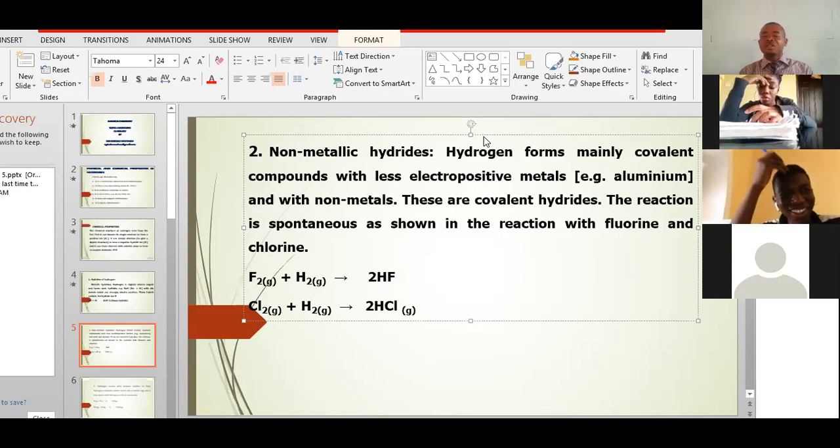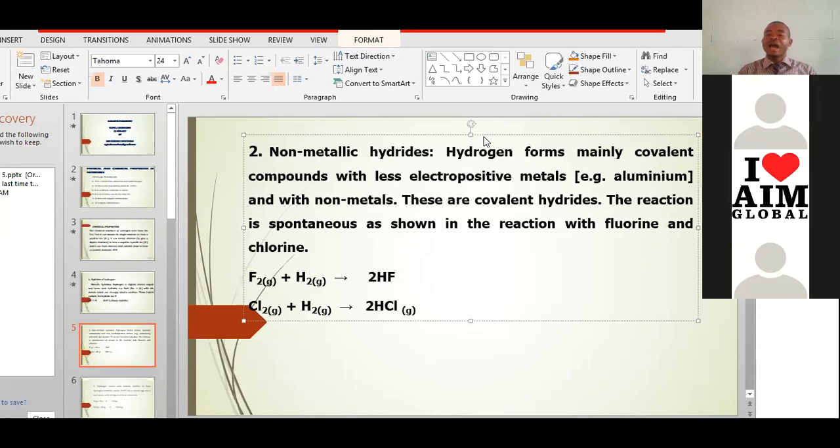Because Ezra has more power than Ayuba, and that power is called electronegative power. Electronegativity is the potential, the ability of an element to accept electron from another element. Do you understand?